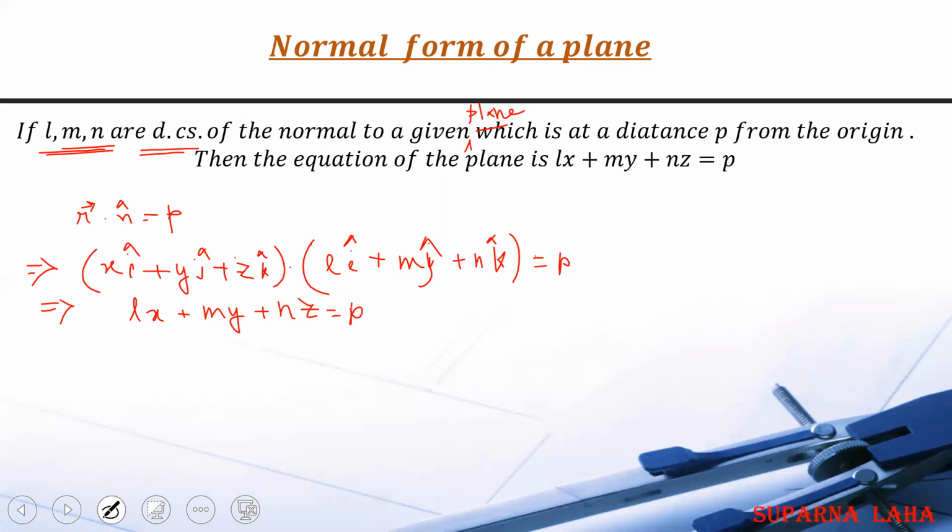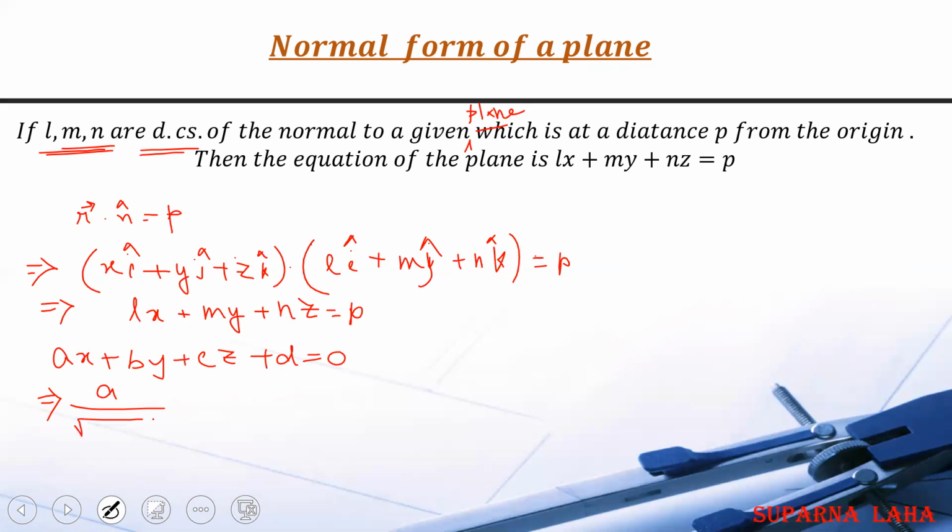So from the vector form you can establish the Cartesian form, or you can choose the general form. From here also you can establish the form. So ax plus By plus Cz plus D equals to 0. So this is the general equation of the plane. Now divide the whole equation by root over a square plus b square plus c square.